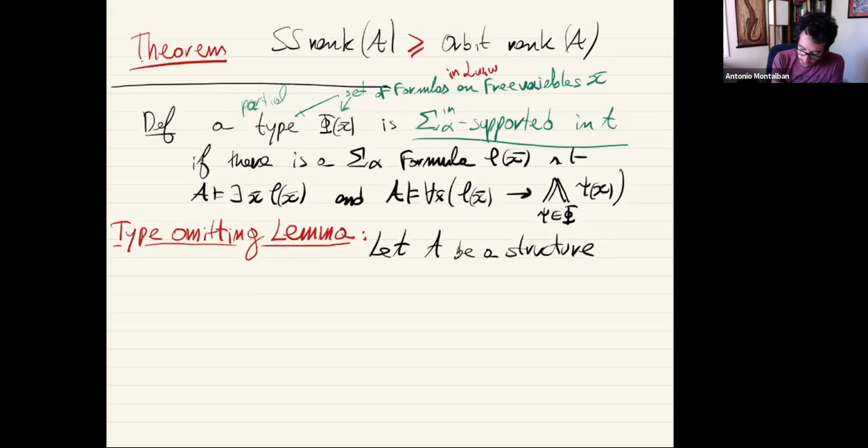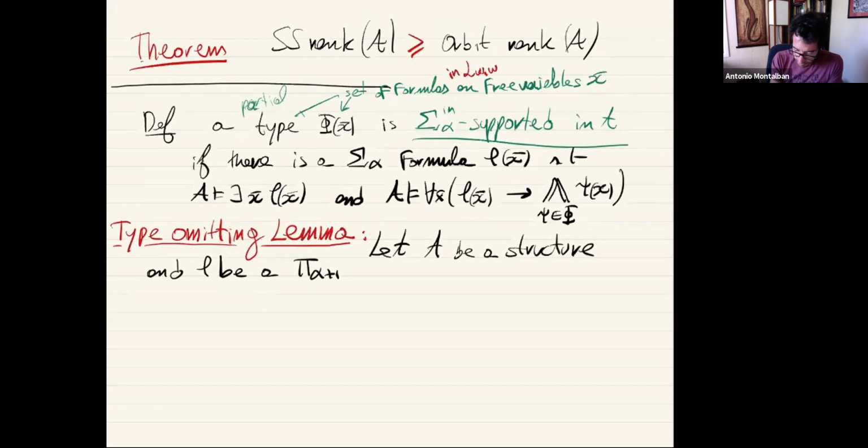So let A be a structure and phi be a pi alpha plus 1 sentence. I'm going to omit the omega 1 omega on top because that's all we care about. It's always omega 1 omega on top.